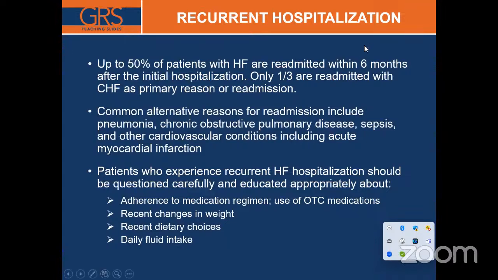Recurrent hospitalization. In patients with heart failure, up to 50% are readmitted within 6 months after initial hospitalization. Only one third are readmitted with chronic congestive heart failure as the primary reason for readmission.